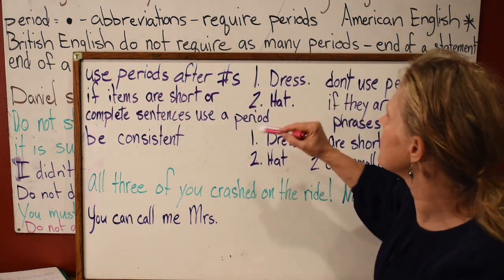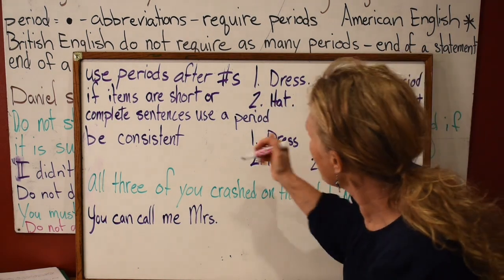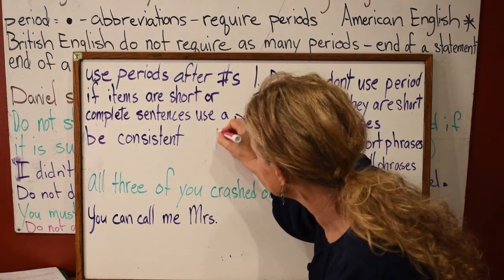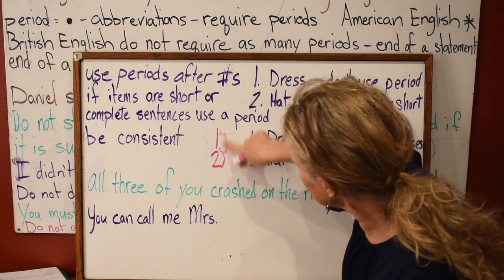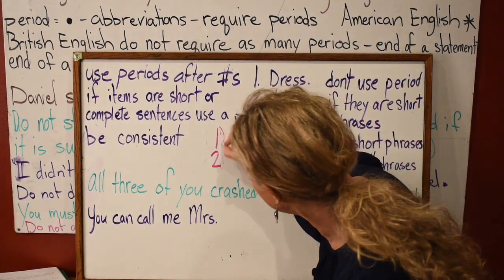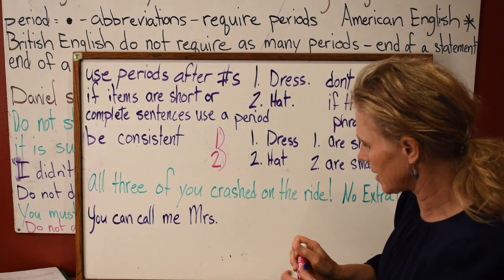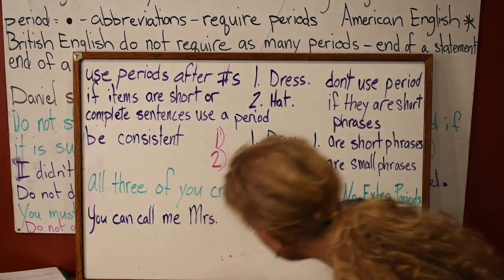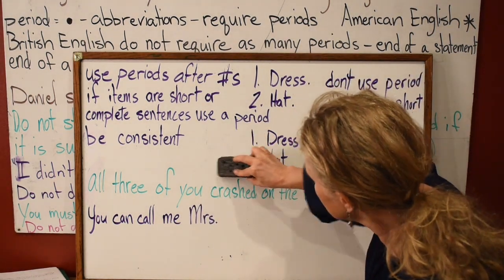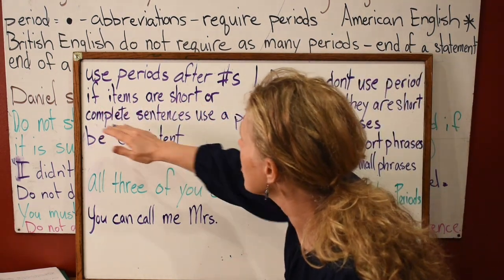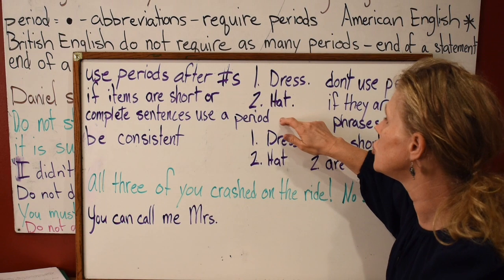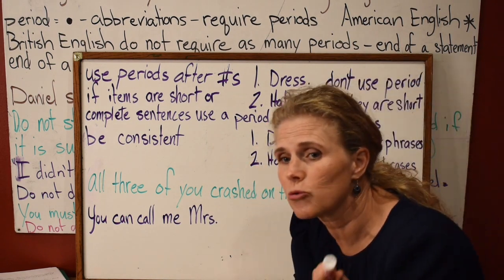Use a period after numbers, but you can also do something like this. That's kind of goofy. You can also do something like that, but we're talking about periods. So use them after numbers. If the items are short or if they are complete sentences, use a period, which I thought was really interesting.